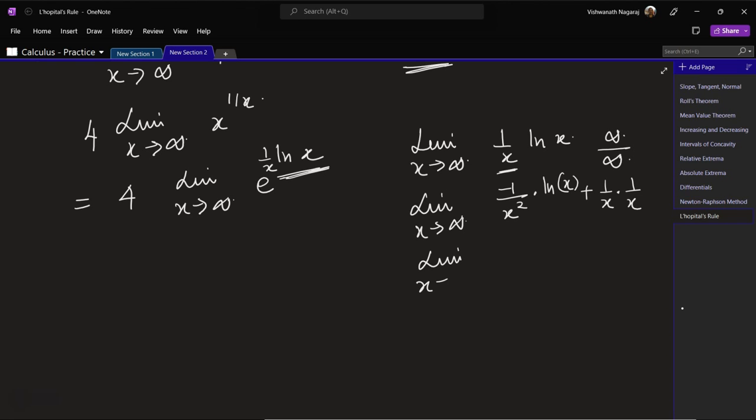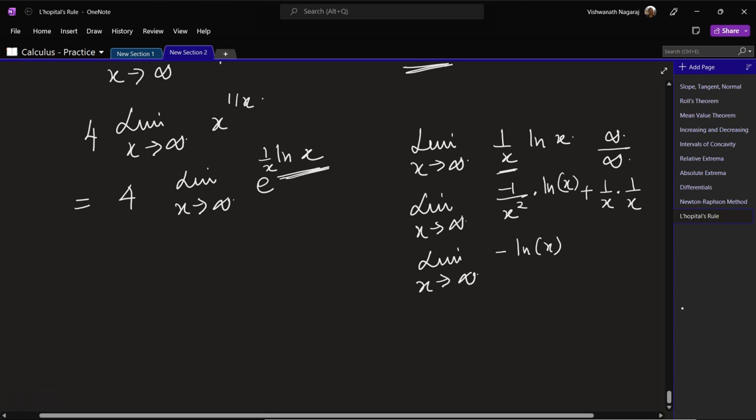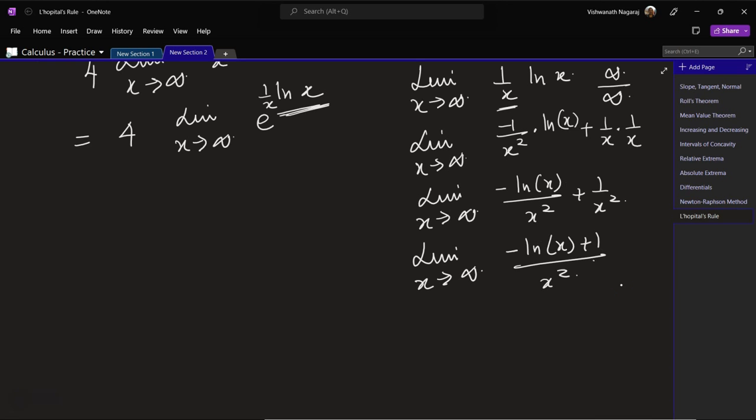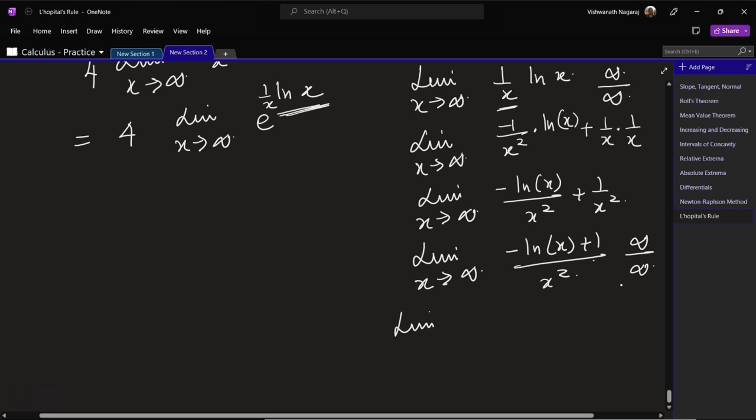So we are left with, as x approaches infinity, minus natural log of x by x square plus 1 by x square. So this becomes limit as x approaches infinity of minus natural log of x plus 1 by x square. So this again is going to be what? Minus infinity, but this minus will make it plus infinity. So infinity by infinity. So which means we apply L'Hopital's rule once more.